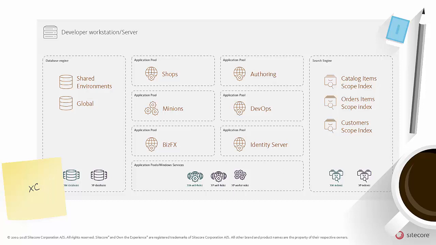The Commerce CIF configuration is an explicit developer-centered configuration. It's a scaled setup, so every role has its own website running, but it all installs on a single machine. Unlike the other configurations, where you can use remote PowerShell to set it up on a distributed environment, the XC CIF configurations are meant for a single machine out of the box.